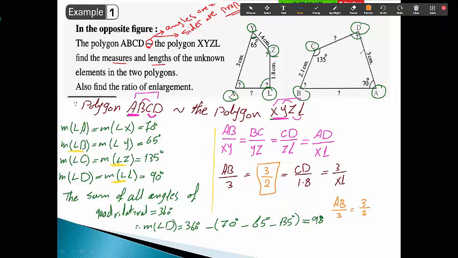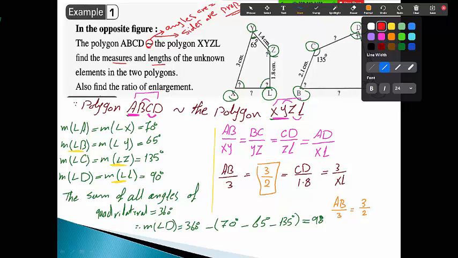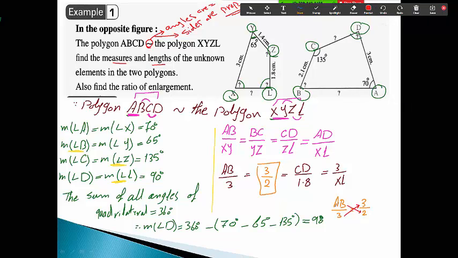How can we get the missing side? We will use cross multiplication as we studied previously. So AB equals 3 times 3 over 2, which is 4.5 centimeters. So AB equals 4.5 centimeters.